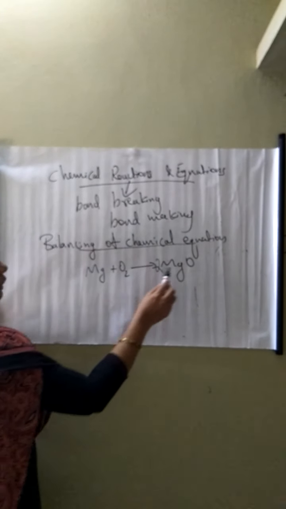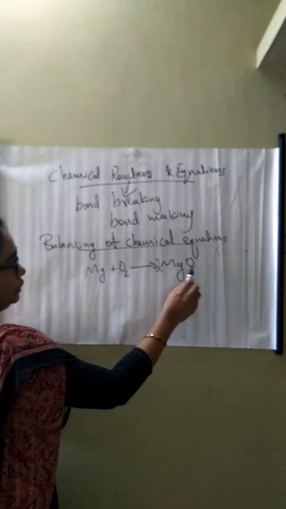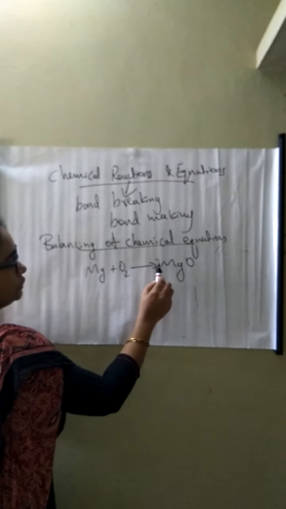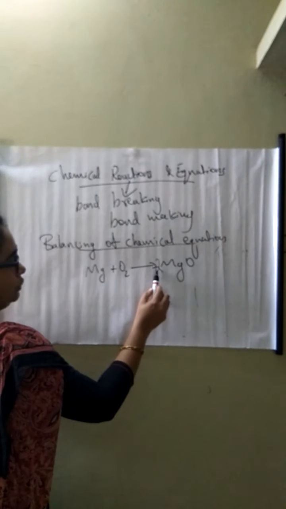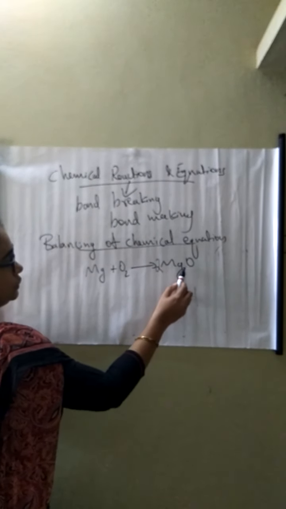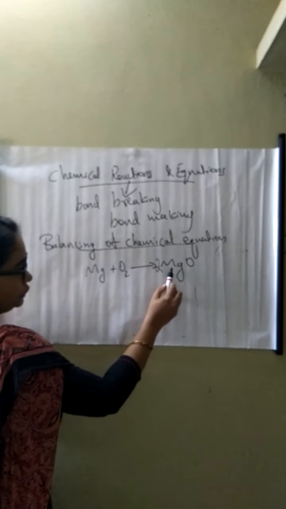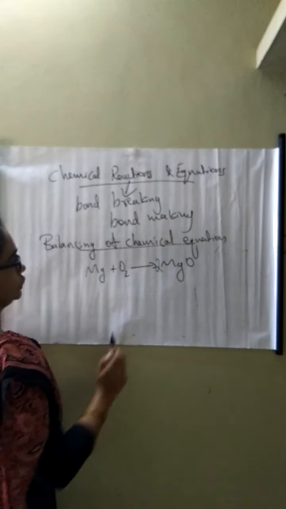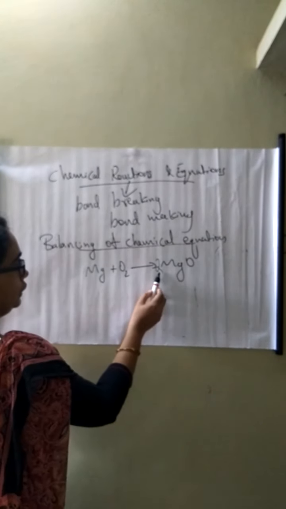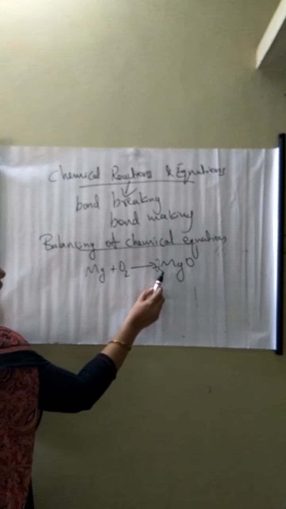It's not possible to write it here or here. So that's wrong. Always we have to write on the left side. So now 2 MgO means this 2 is applicable for both magnesium and oxygen. 2 MgO means 2 magnesium atoms and 2 oxygen atoms. Then we can see 2 magnesium atoms on the right side.